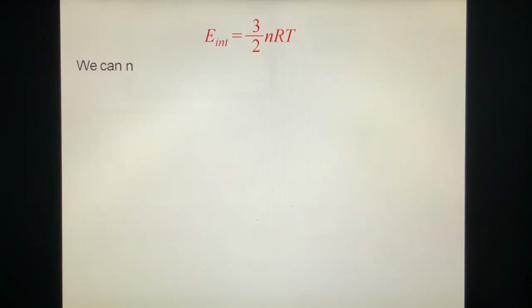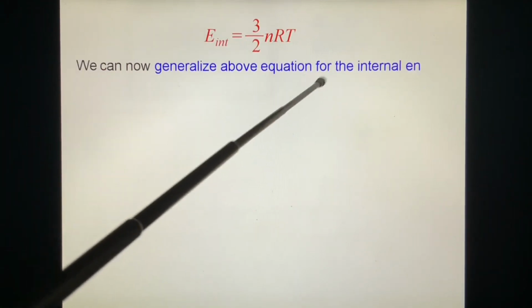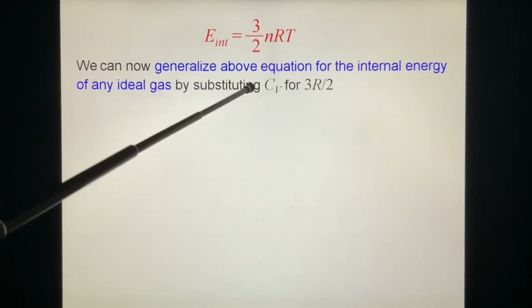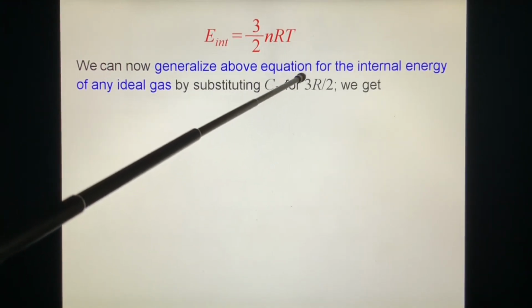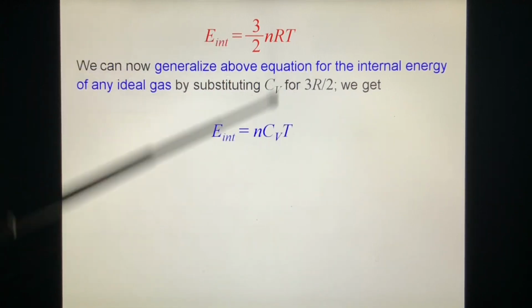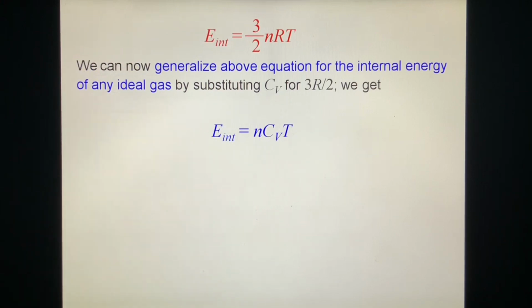We now generalize the above equation for the internal energy of any ideal gas by substituting C_V for 3R over 2. Then we get E internal equal to n C_V T. This is generalized for any ideal gas.